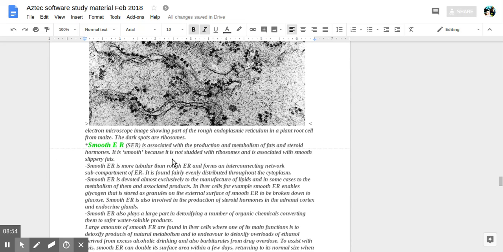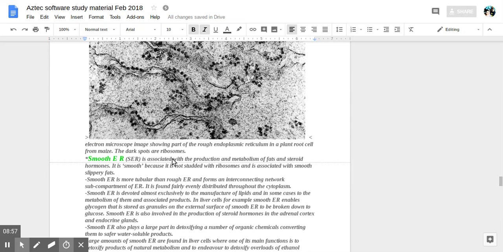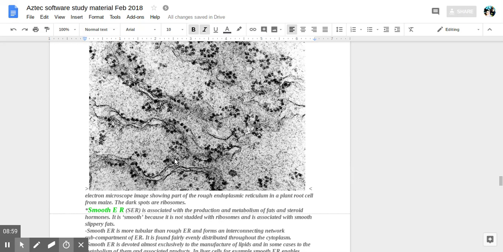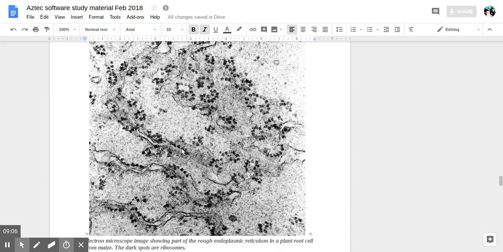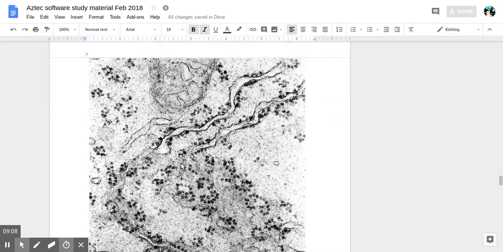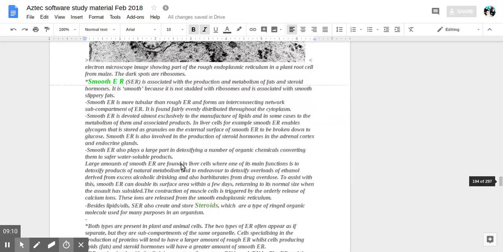This is an electron microscope image showing parts of the rough ER in a plant root cell from maize, which is corn, so RER, and the dark spots are showing the ribosomes.